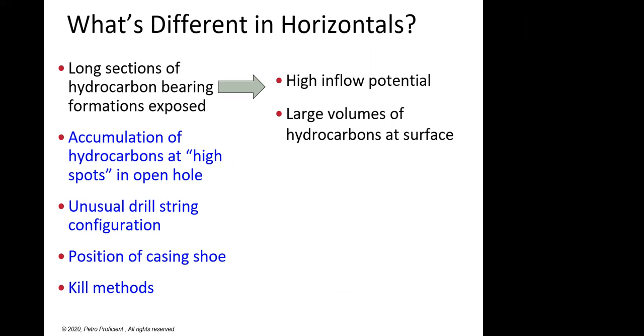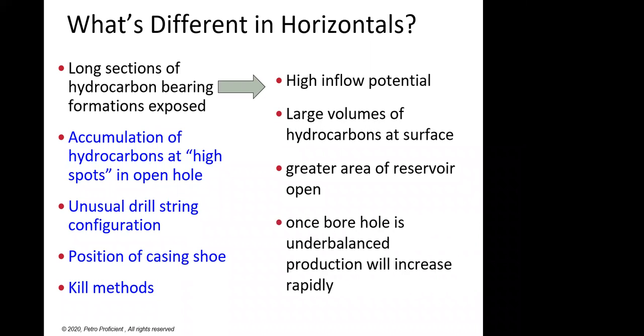That can lead to large volumes of hydrocarbons coming to surface because you have a bigger section of formation exposed, a greater area of reservoir open. And once the borehole gets underbalanced, production will increase rapidly.